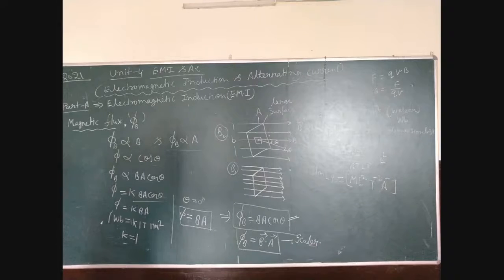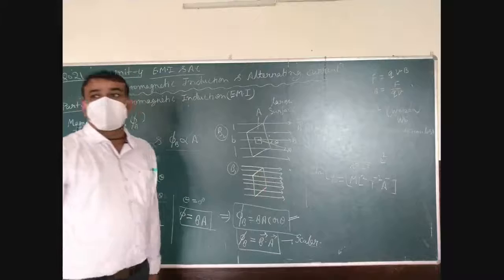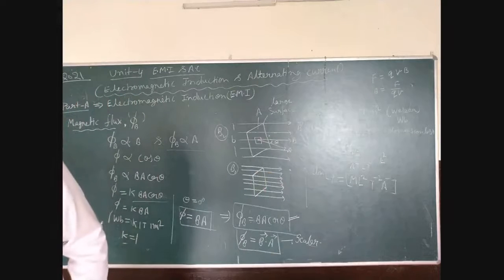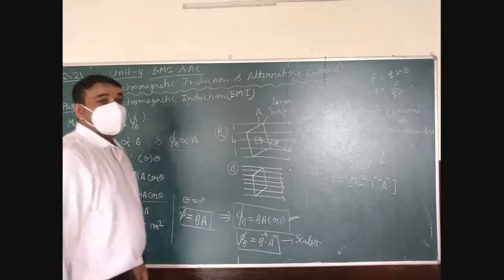Okay, some other units. Just write the CGS unit of magnetic flux, which is Maxwell.